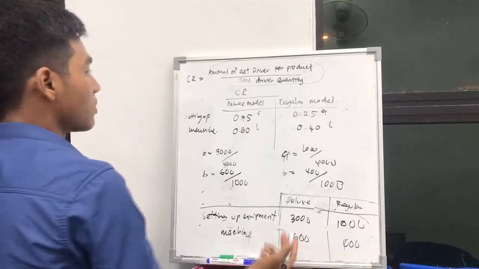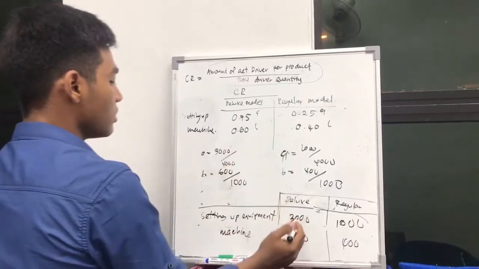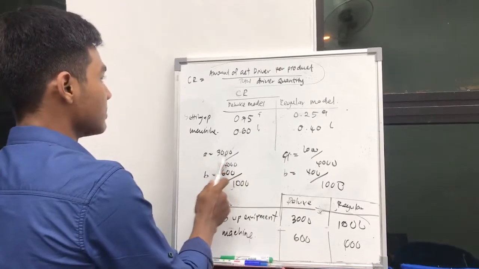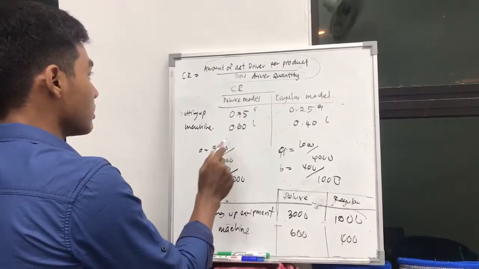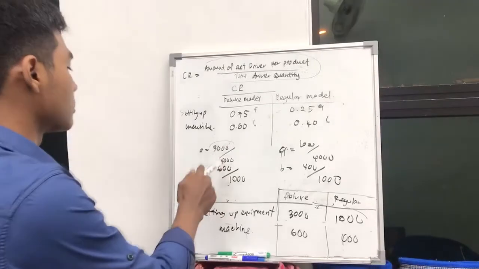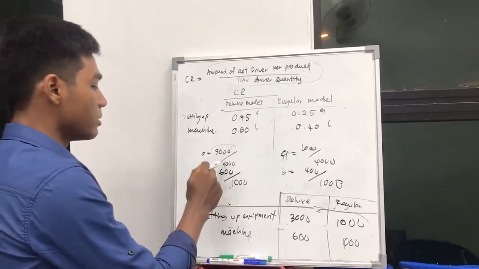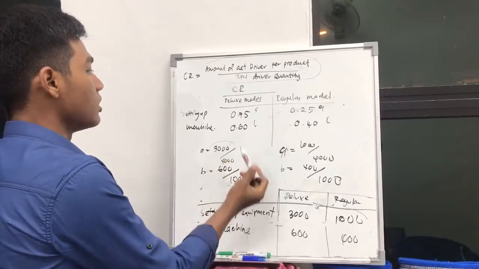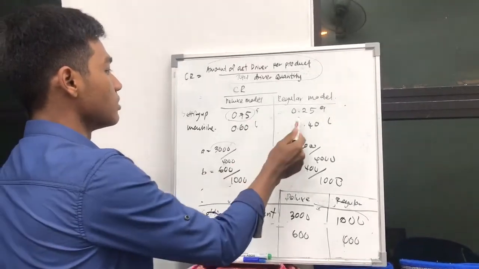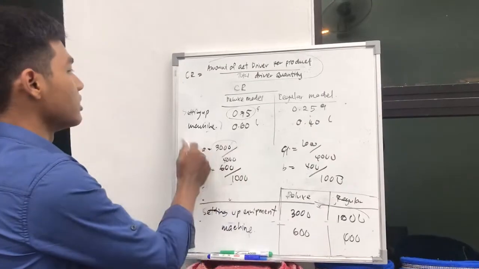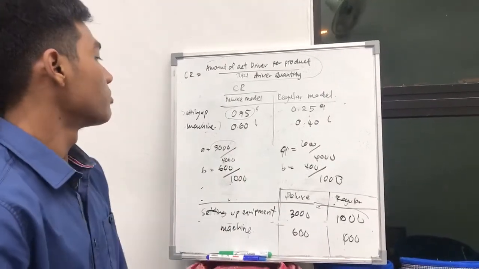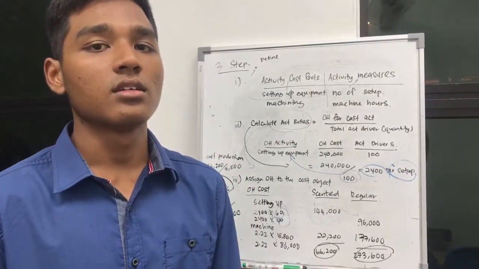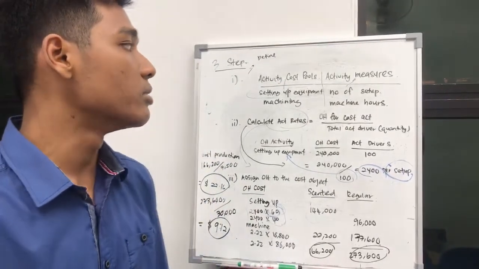So in order to calculate this, you need to take this activity driver per product. For example, 3,000 divided by the total of the setting up equipment activity, and then you will get the answer. Same goes for the machine department. Next part is how to calculate the unit cost using the ABC method.